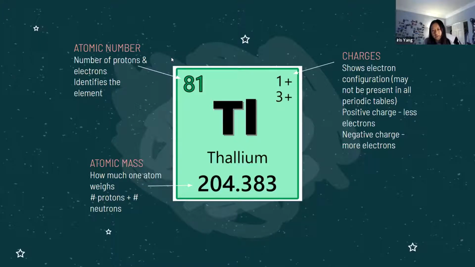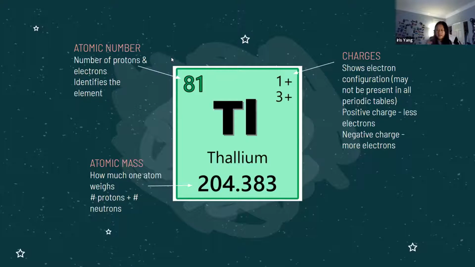And then on the top right, that's not on very many periodic tables, but we're just going to talk about it. It's the charge of the ion that it would be. Usually metals are charged because they like to lose an electron.